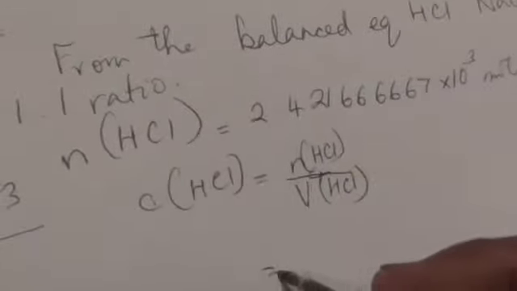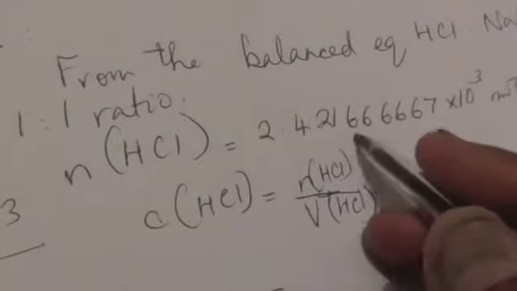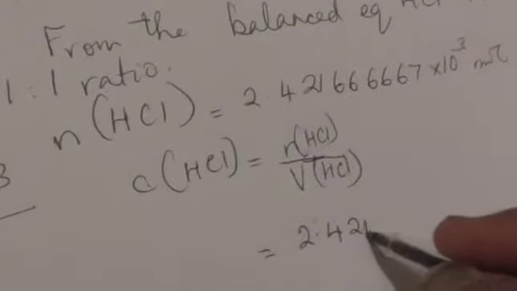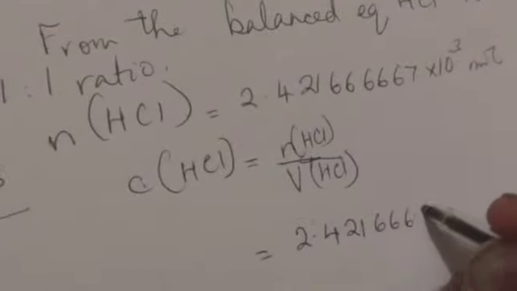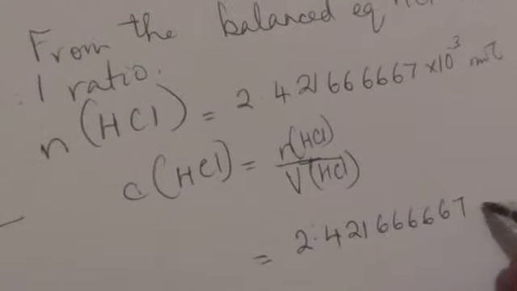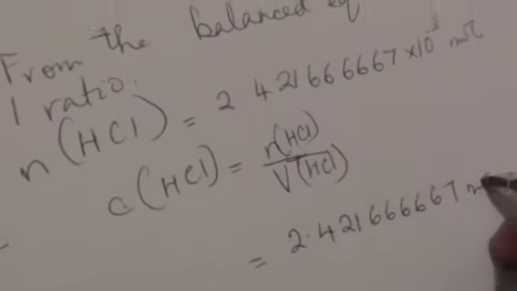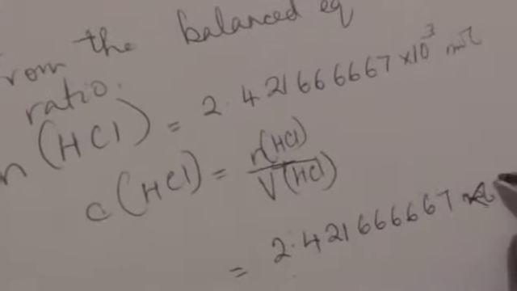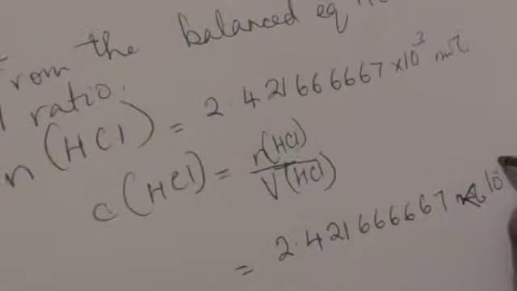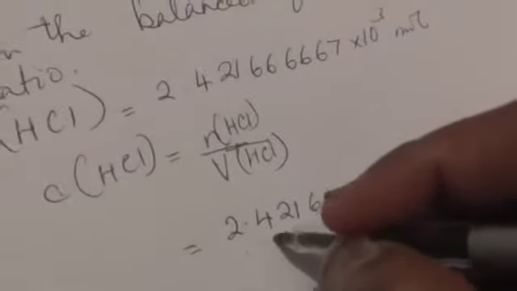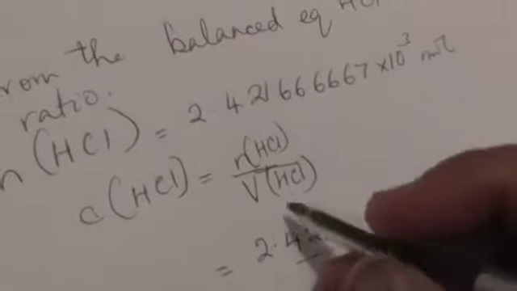The number of moles of hydrochloric acid is the same number that I have here, which is 2.421666667 mole, into, very important, into 10 raised to the power of -3 mole, and this is divided by the volume.